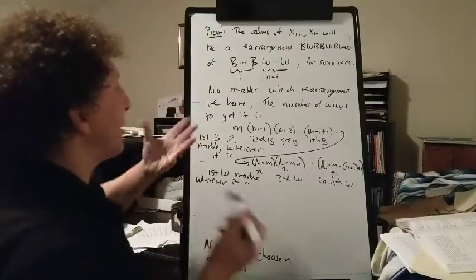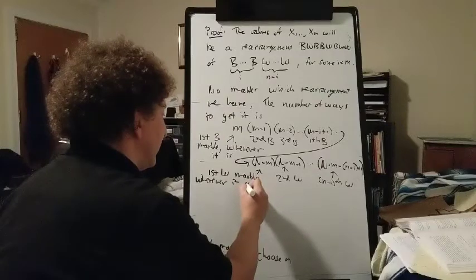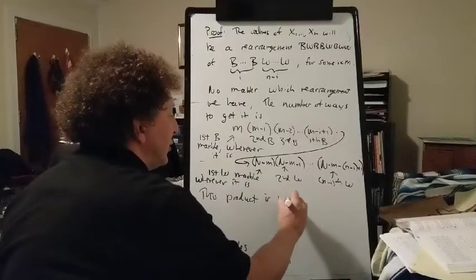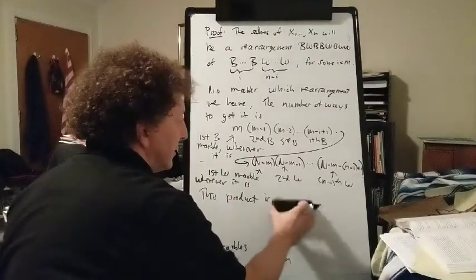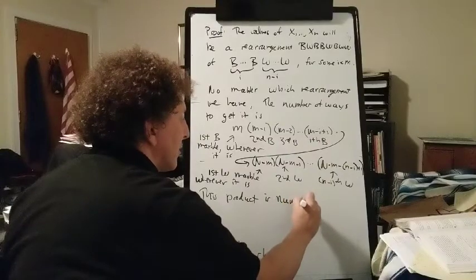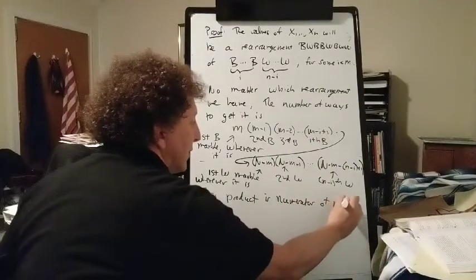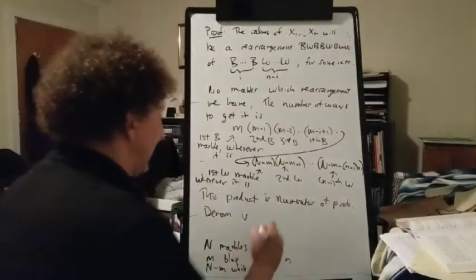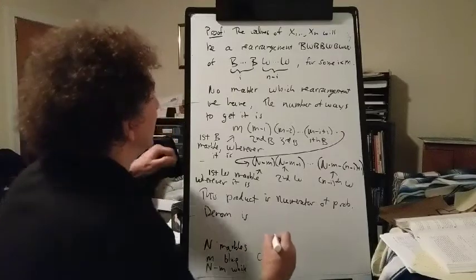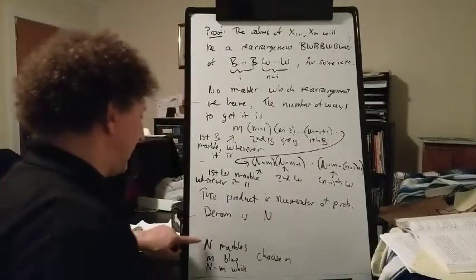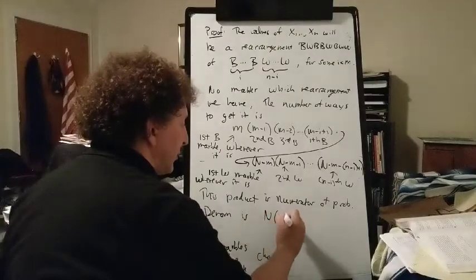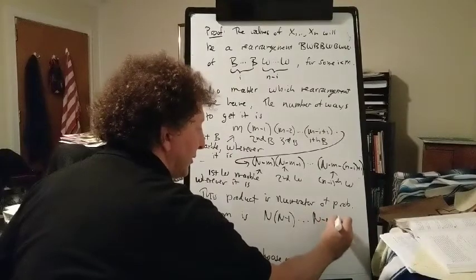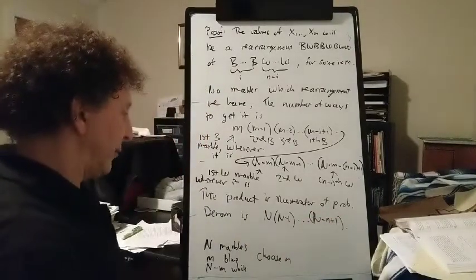And then if we're going to write probabilities, we could say this product is the numerator of the probability, and the denominator is, we're choosing n, so there will be capital N for the first marble, capital N minus 1 for the second marble, and capital N minus little n plus 1 for the nth marble.